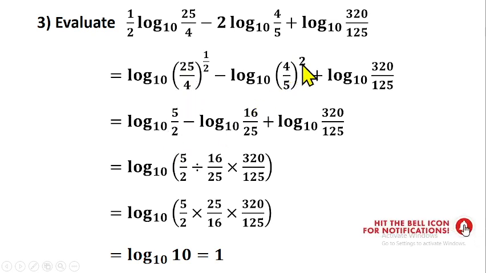Then this raised to power 2 means we have to find the square of 4 and 5. What is the square of 4? 16. What is the square of 5? 25. Plus log 320 over 125. Then from there, you can now apply the law to solve it further.